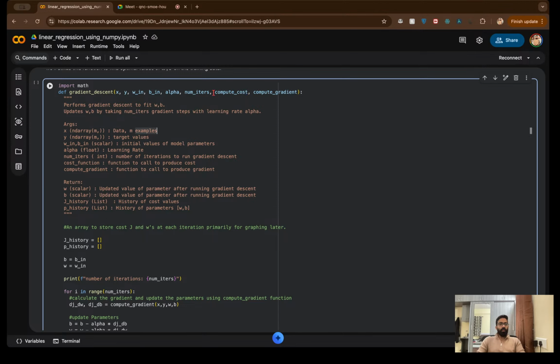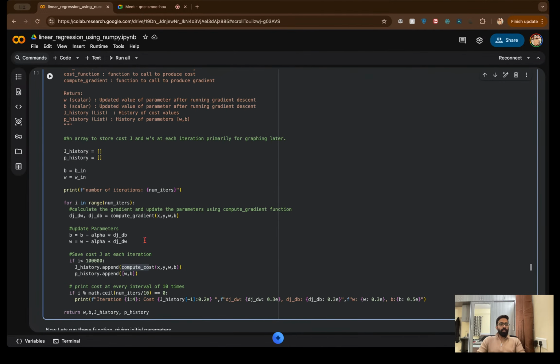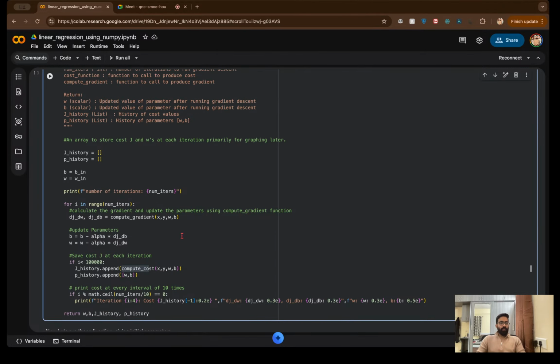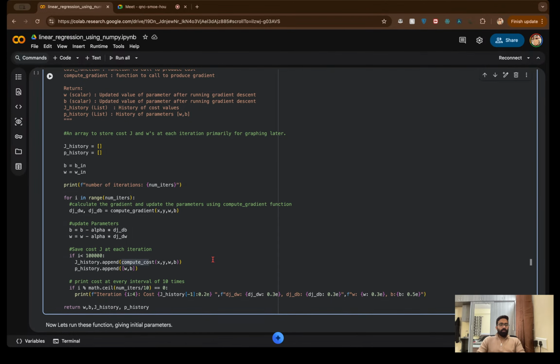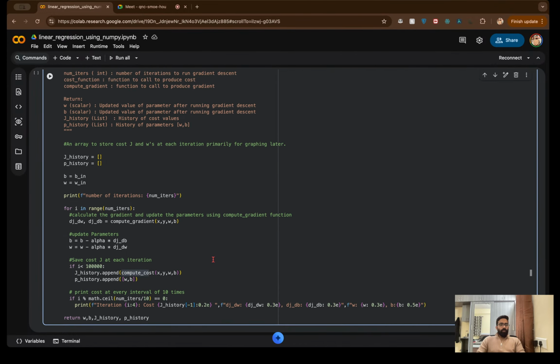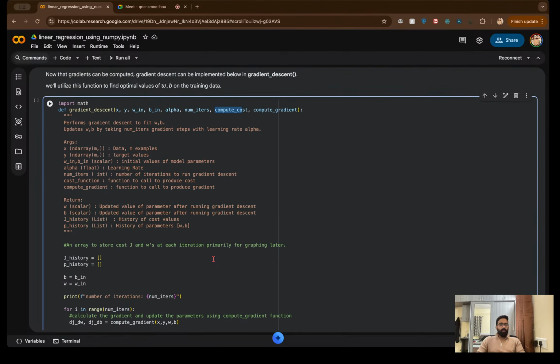This is the function that I'm providing to this gradient descent function. I'm providing it because it needs this function on every iteration, right? So I'm providing this function and compute gradient as well. It needs compute gradient as well.